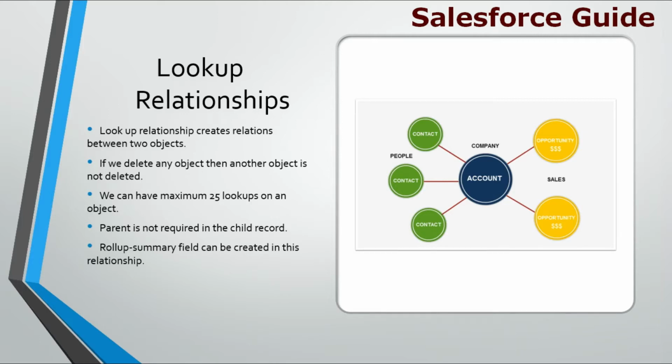Even if in a master data relationship its parent is deleted, the child record is automatically deleted, but in lookup such things do not happen. Now about the limitation: we can create 25 lookup fields per object, and the roll-up summary functionality available for master-detail is not available for the lookup relationship.